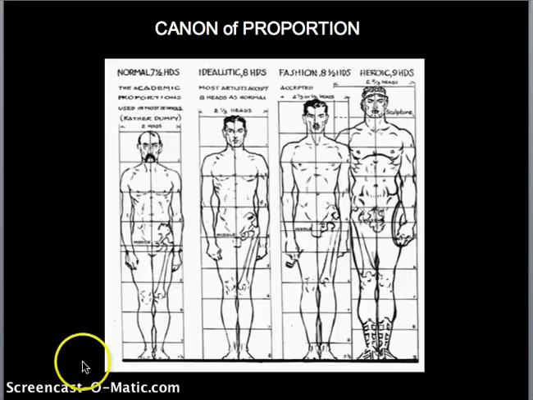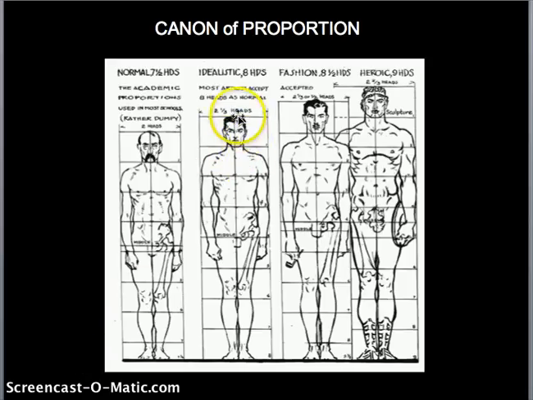There is a canon of proportions that was actually derived in the Greek era, so that's ancient classical stuff. Basically it delineated the perfect proportion of the human being based on the head.